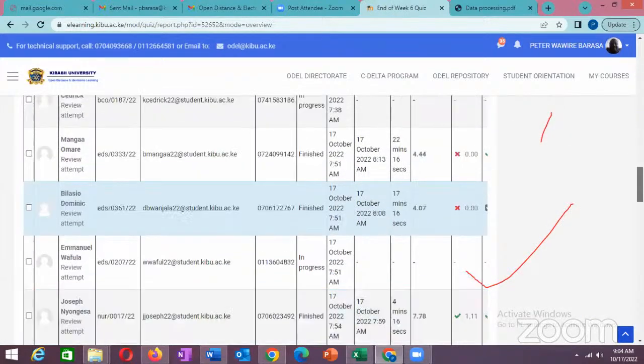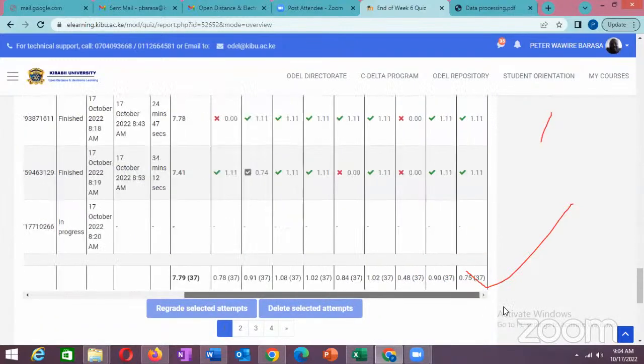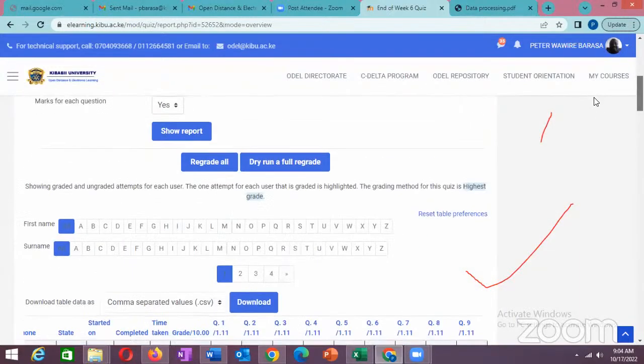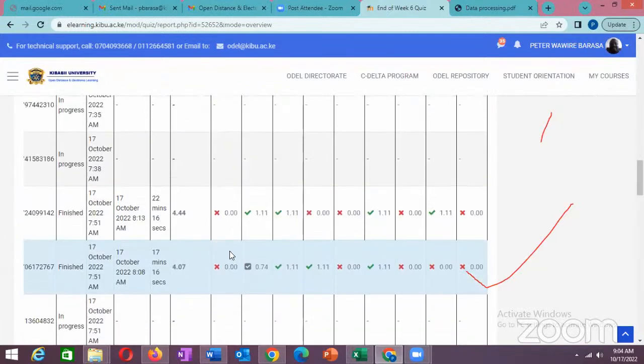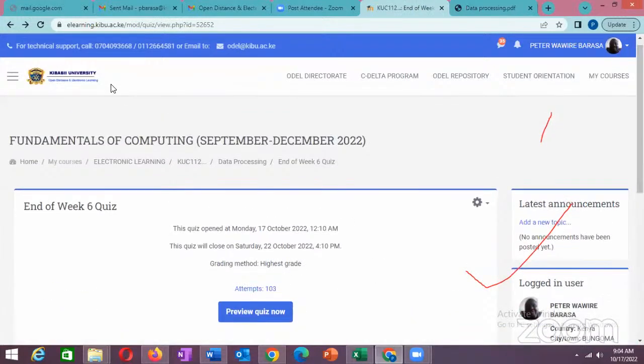Look at the performance so far and see how people are performing. And you can still continue working until the close, so I can see what you're doing. So keep posting and keep doing the CATs.